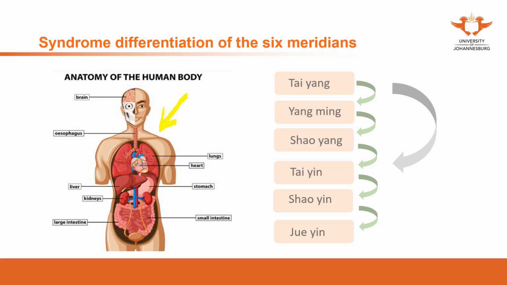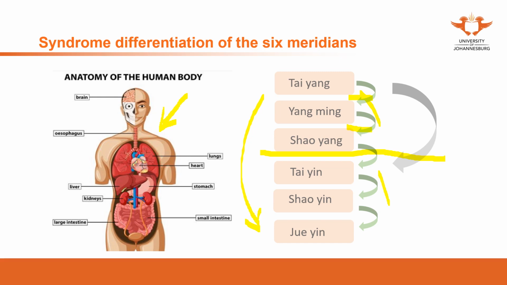Also in future, when we study the 6 meridians, from 太阳 to 厥阴, we separate the human body into 2 big levels, yang and yin. In yang, we separate into 3: 太阳, 少阳, 阳明, and in yin, 太阴, 少阴, 厥阴.